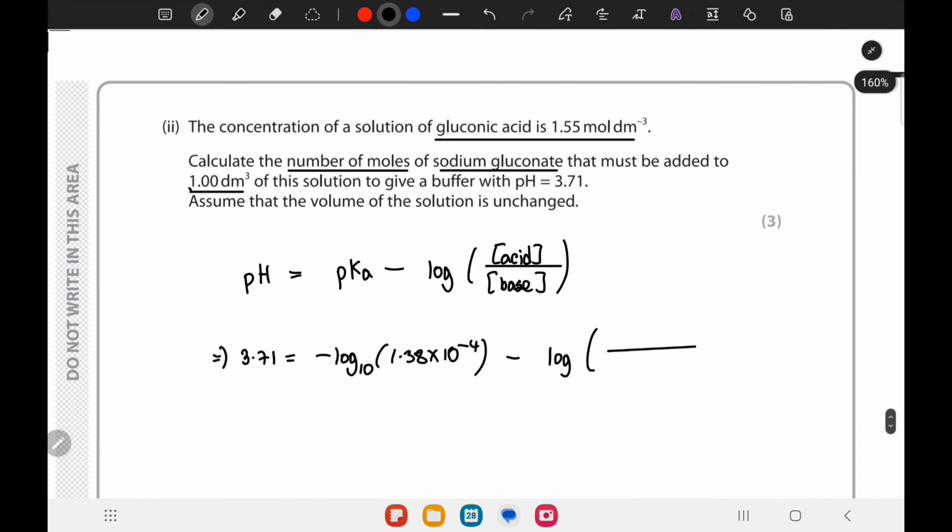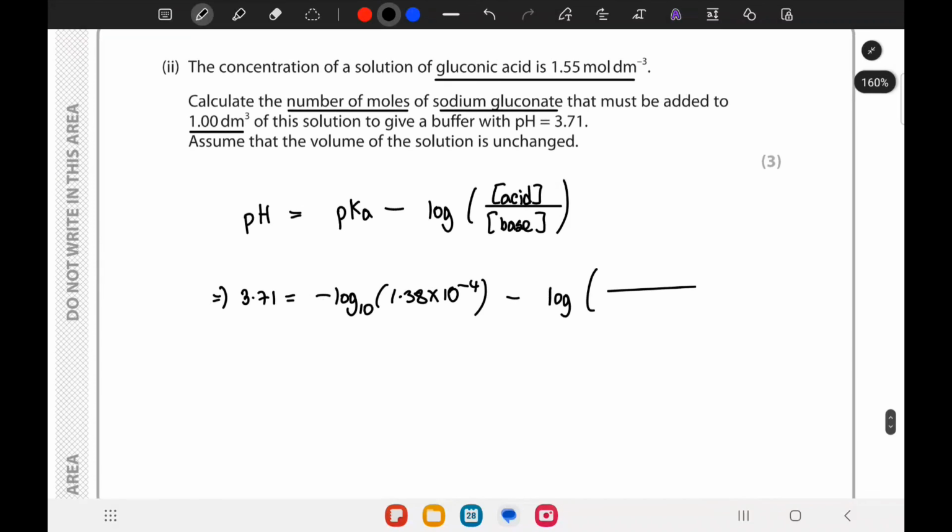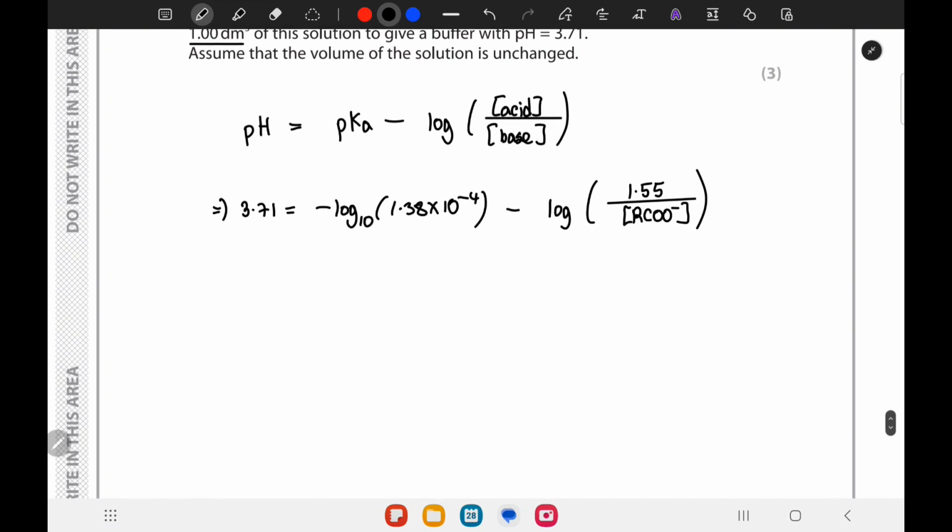Since we have 1 dm³ of sodium gluconate, the concentration and number of moles will be the same. The concentration of the acid is 1.55. I need to find the concentration of the base. The conjugate base is RCOO⁻.